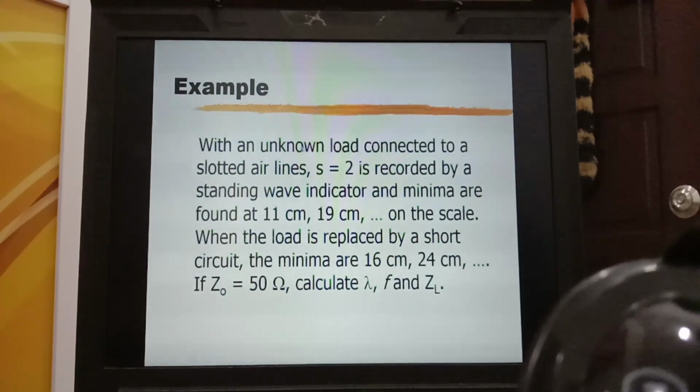We are given that the transmission line is an air line. What it means is that the dielectric between the two wires is air. So we can assume the dielectric constant is 1, and so the propagation velocity is equal to the speed of light in vacuum, that is 3 times 10 to the power 8 meter per second.